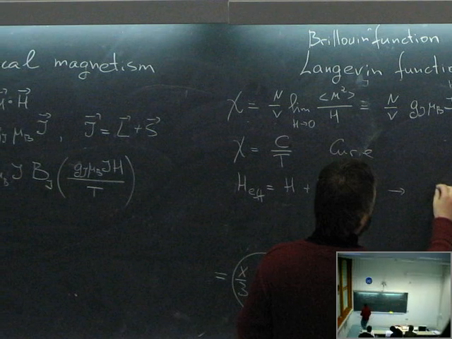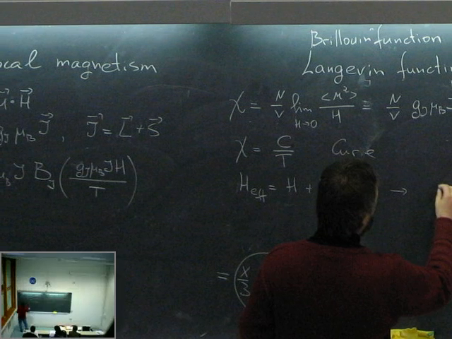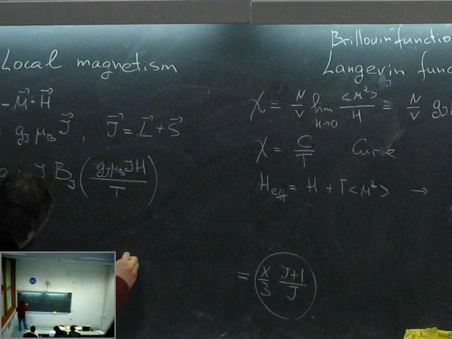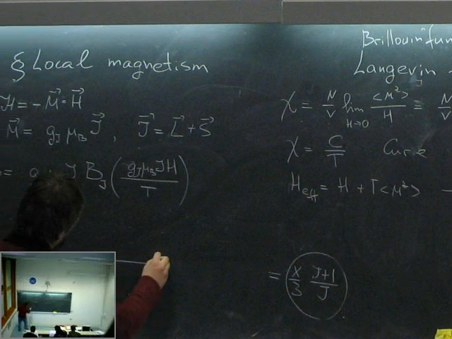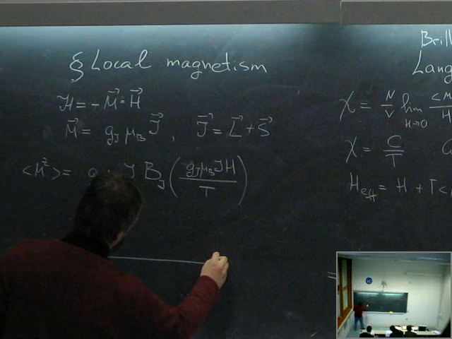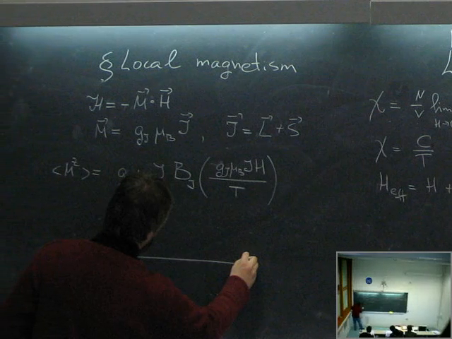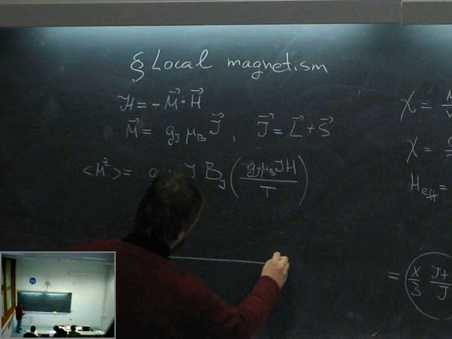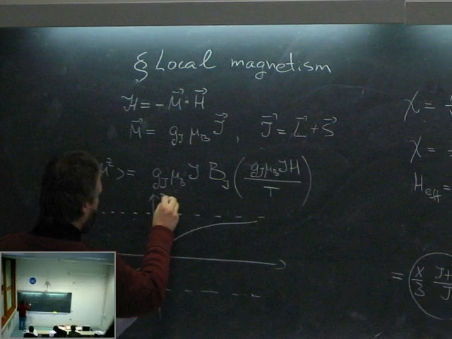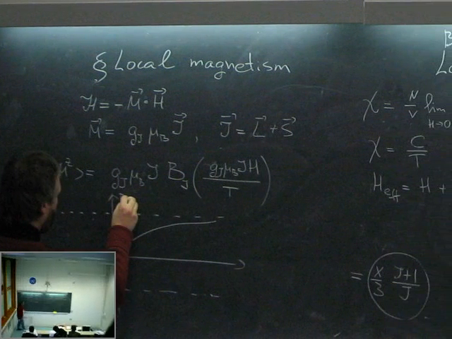So, plotting this function, it is very much like the Langevin function. So this is B_J as a function of x, and this is x.